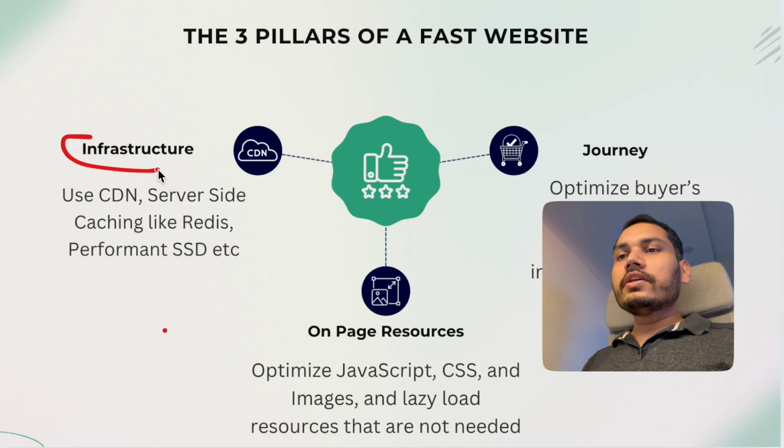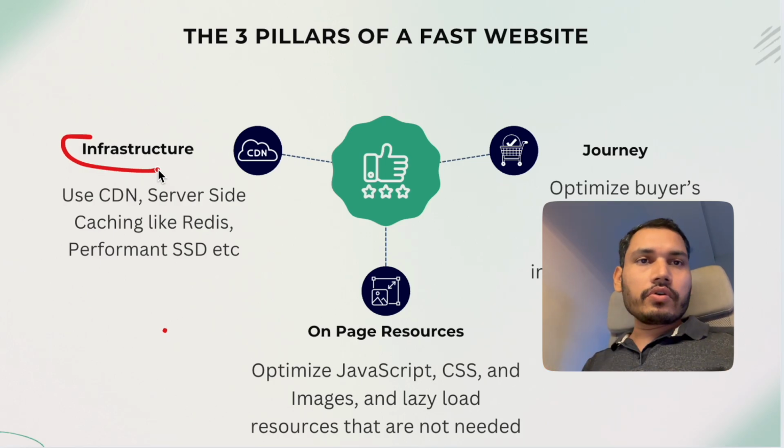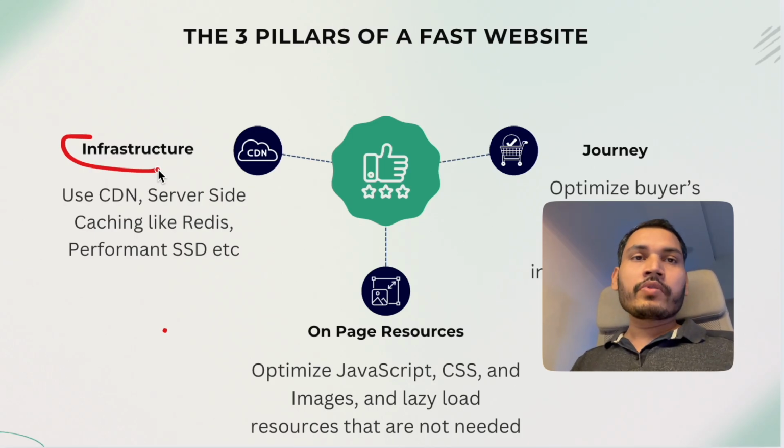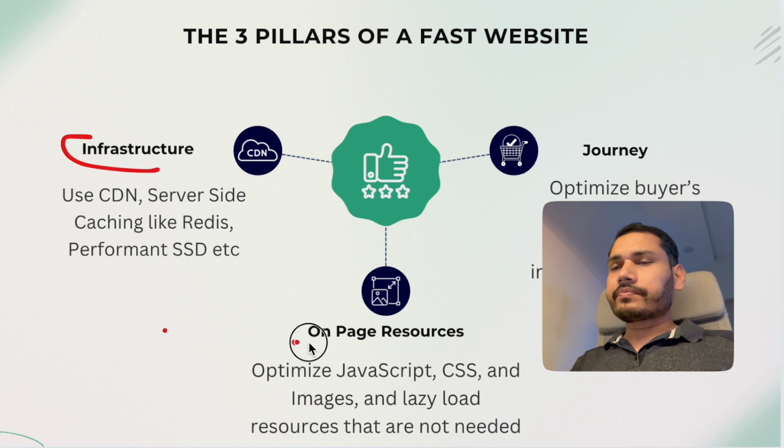Now let's see the on-page resources, right? Your product pages, product listing pages or product details pages involve images, and they also require some JavaScript that allows users to interact with your store, and then obviously CSS for styling.